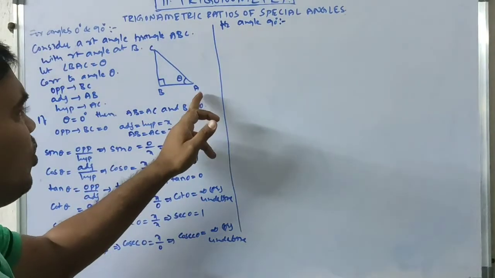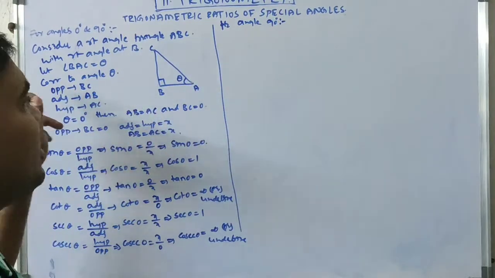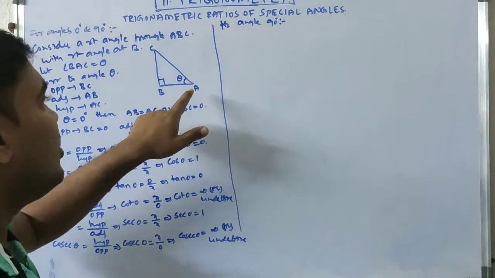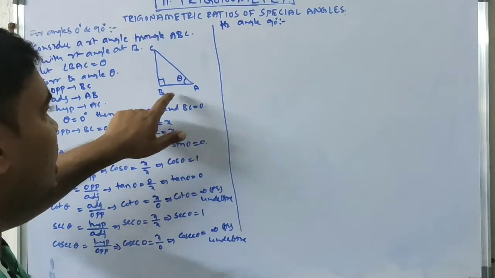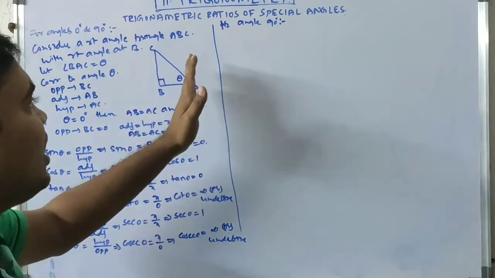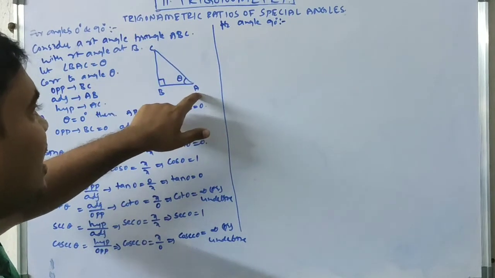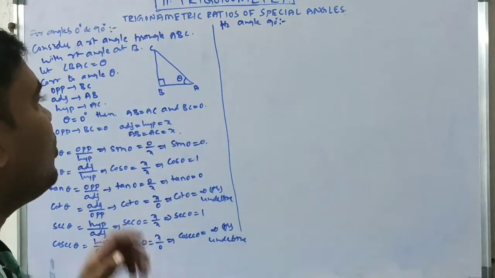If we move A towards the left, the angle will increase. If we move A towards the right, the angle will decrease. So if I move A towards B, the angle will increase.